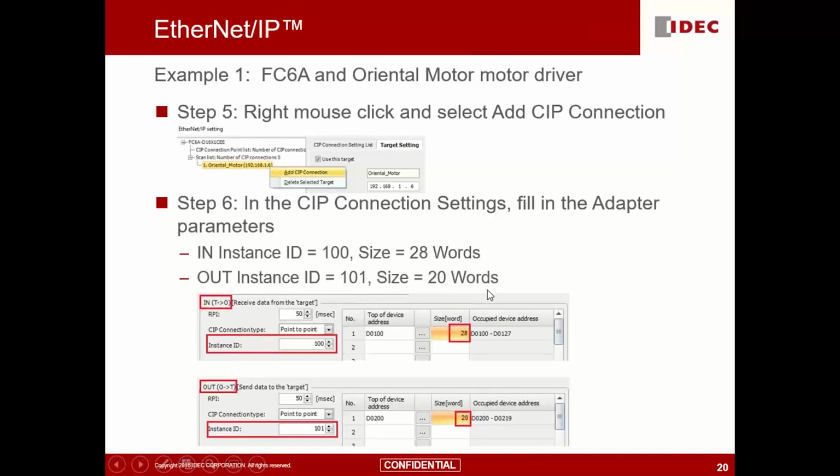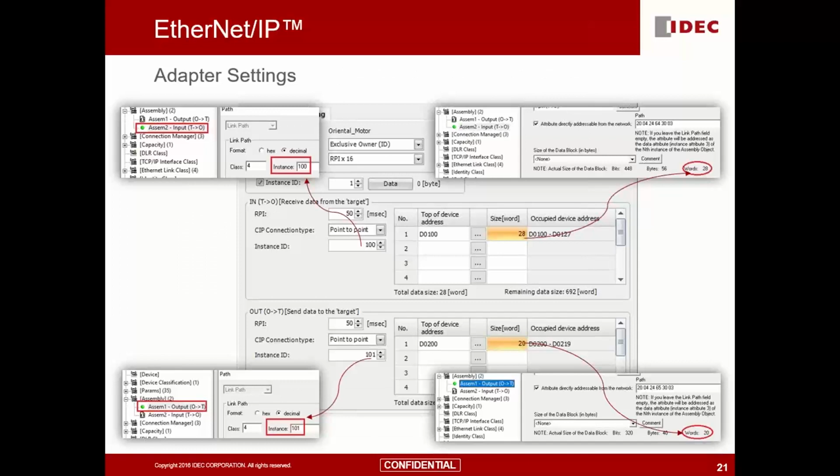So where do you find this information? Again, it's in that EDS file, and I will show you where you look at it. Okay. So in the EDS extractor tool, you see that input.